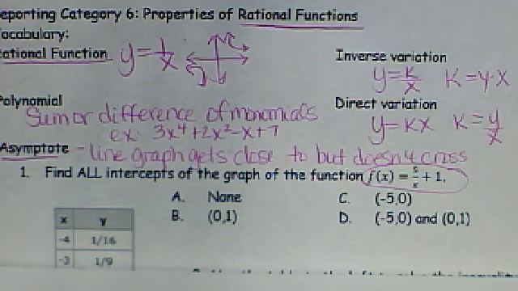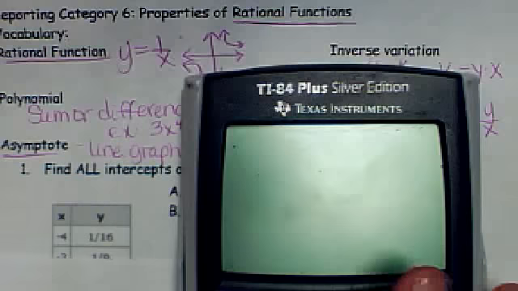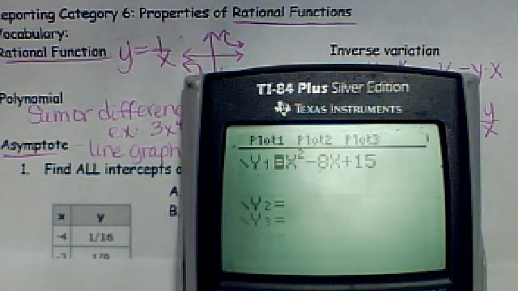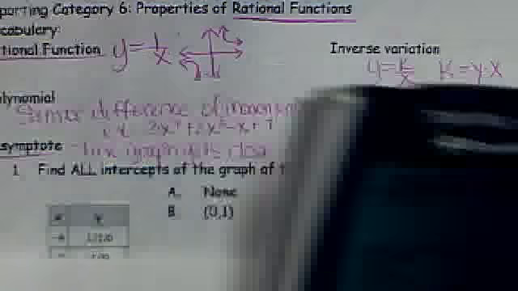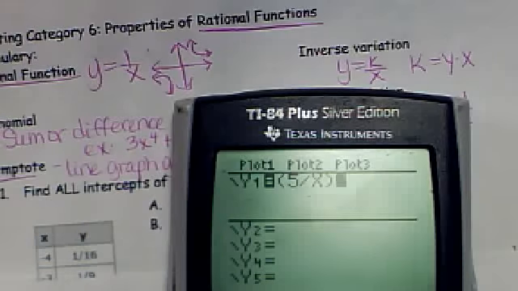So what we can do here is use our calculator. I'm going to go to y equals, and I'm going to type in the function 5 over x plus 1. And I'm looking for intercepts.